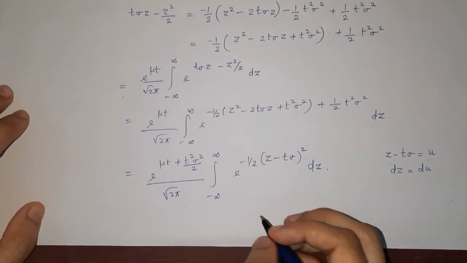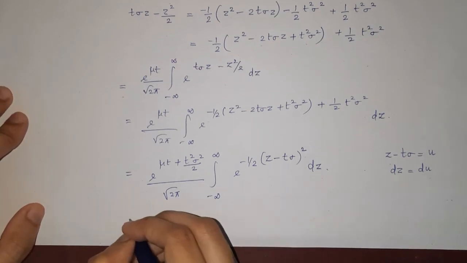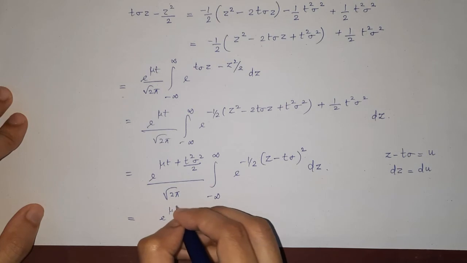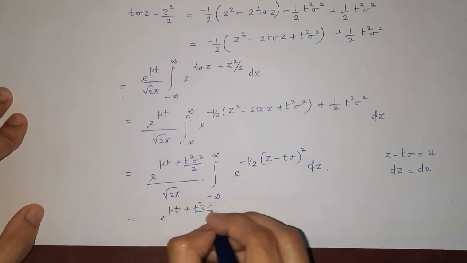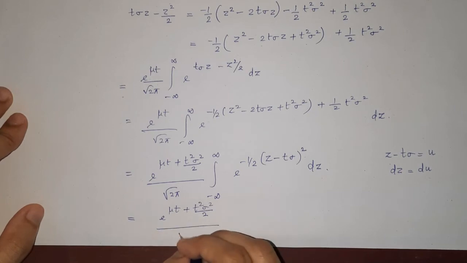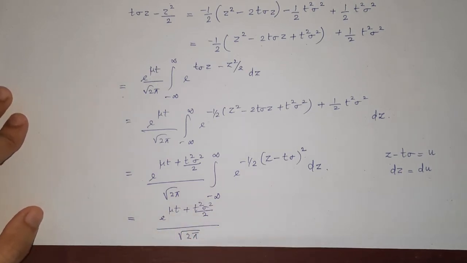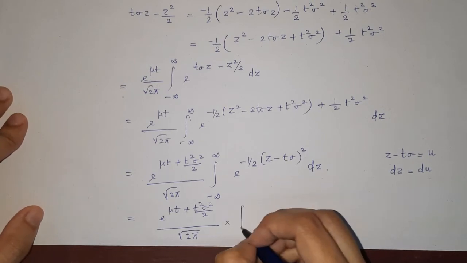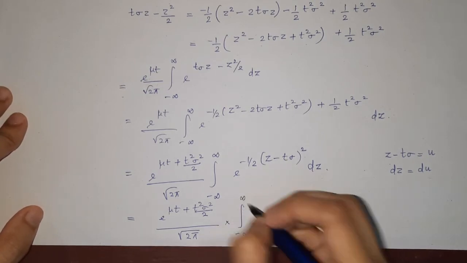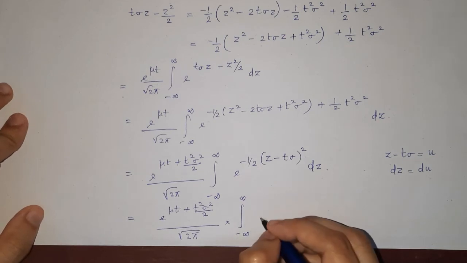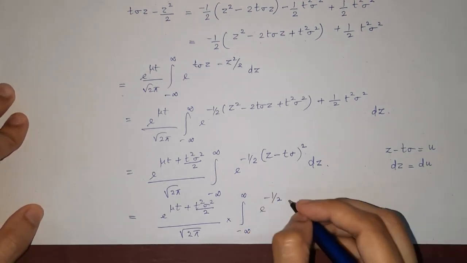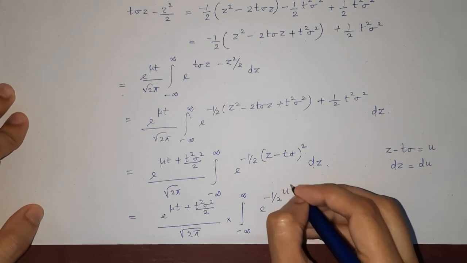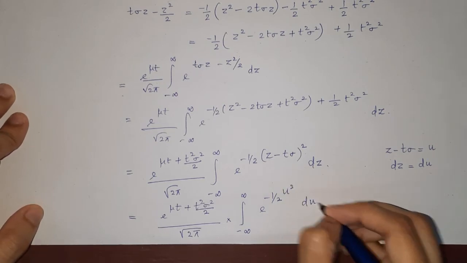So, I can write this as e raised to mu t plus t square sigma square divided by 2, divided by root 2 pi, into integral minus infinity to infinity e raised to minus 1 by 2 u square du.